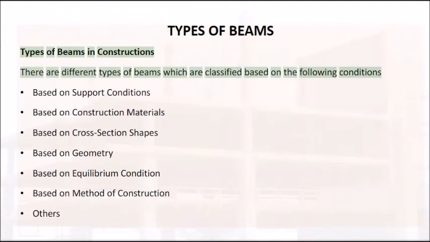There are different types of beams which are classified based on the following conditions: based on support conditions, based on construction materials, based on cross-section shapes, based on geometry, based on equilibrium condition, based on method of construction, and others.